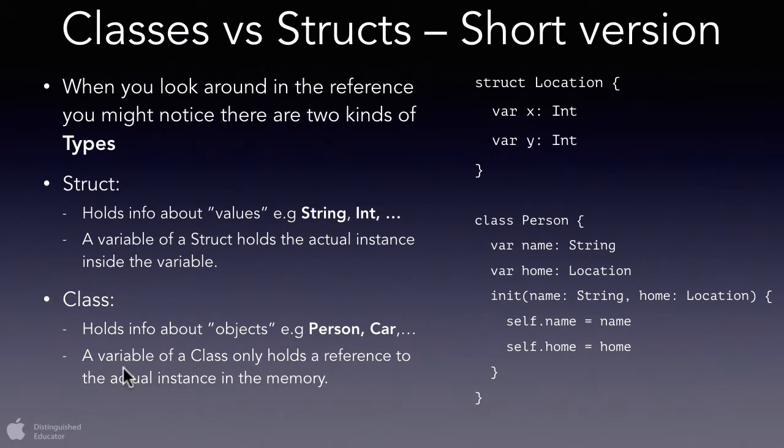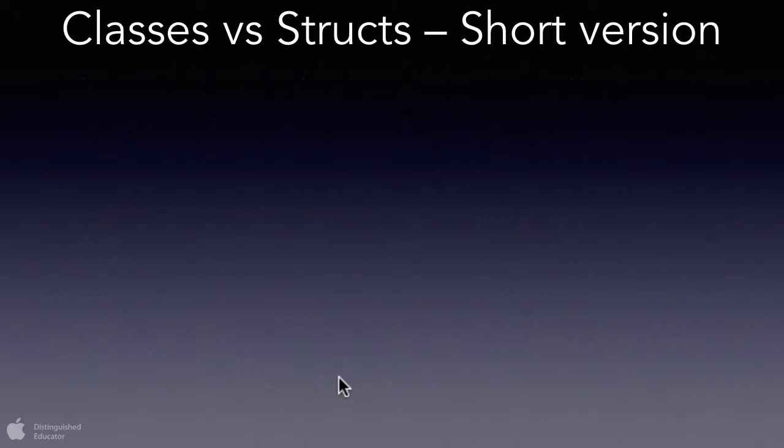There's a kind of odd thing though with a class. It actually just holds the reference to the actual instance in the memory, not the real instance, and this actually means quite a lot, and I'll just try to explain to you what I mean about this. So what does this mean actually?